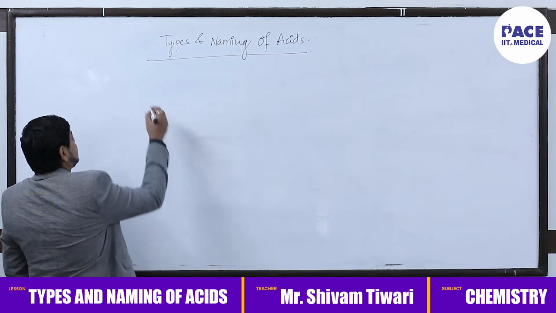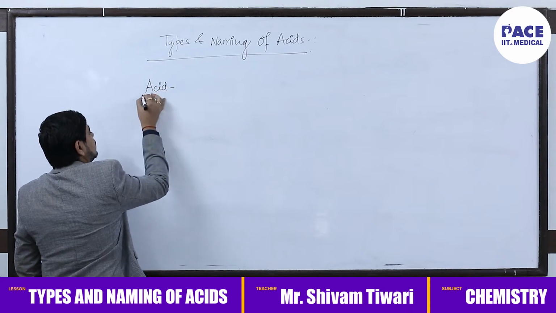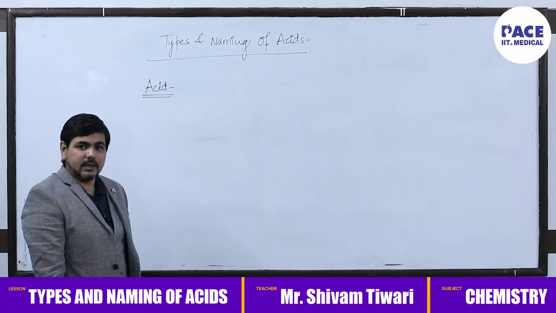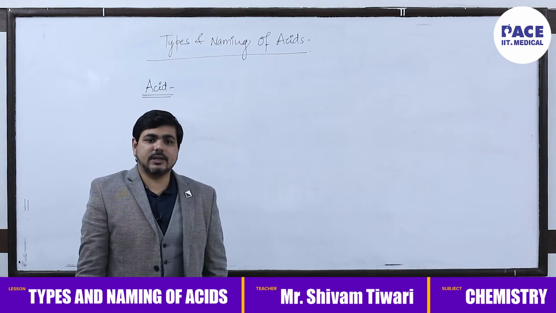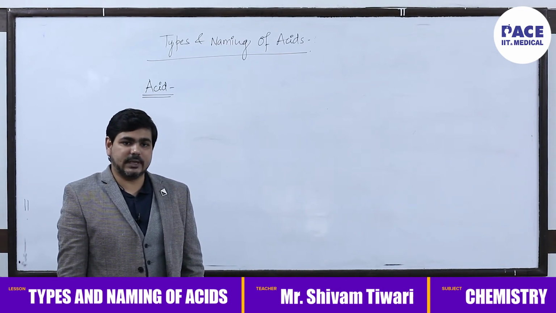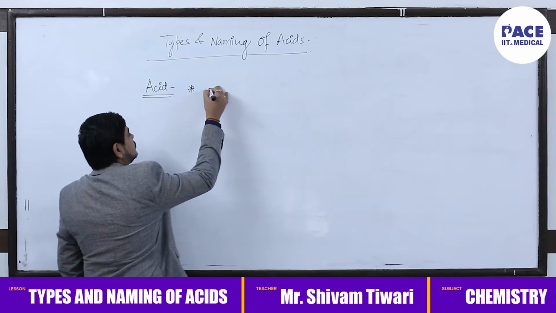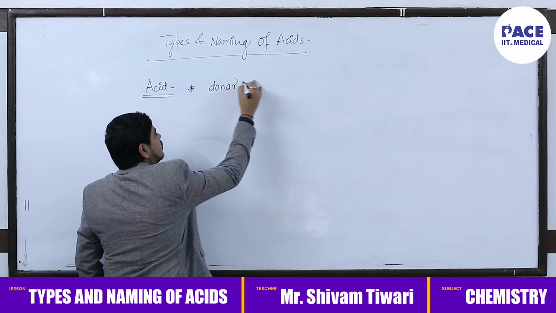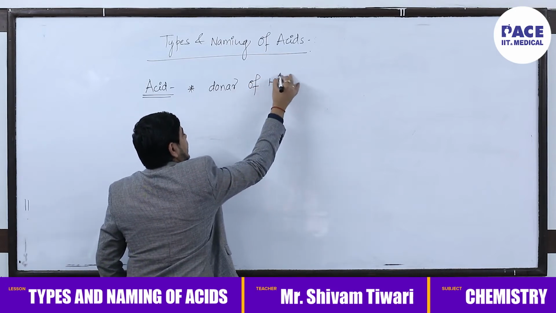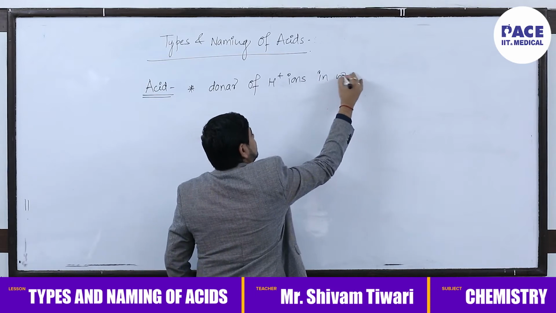So when we say acid, what is the meaning of acid? One simply can say the substance which can give H plus ion in water is called an acid. So acid simply means donor of H plus ions in water.